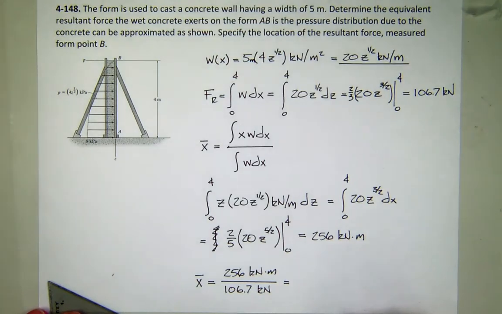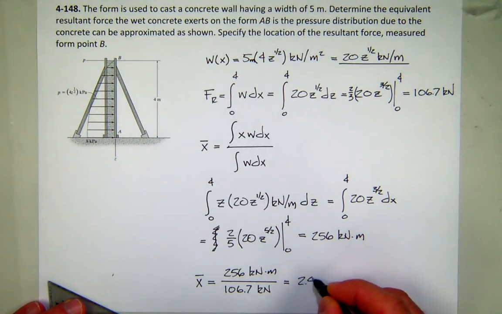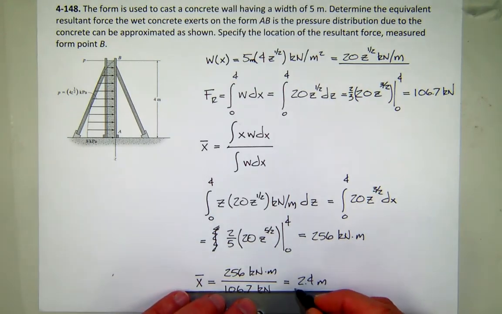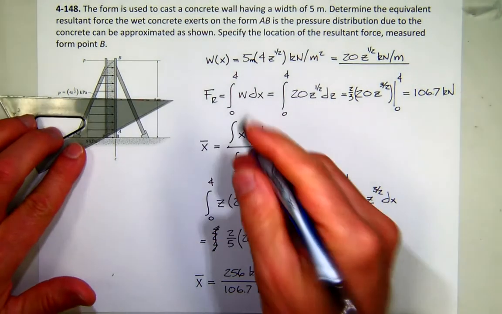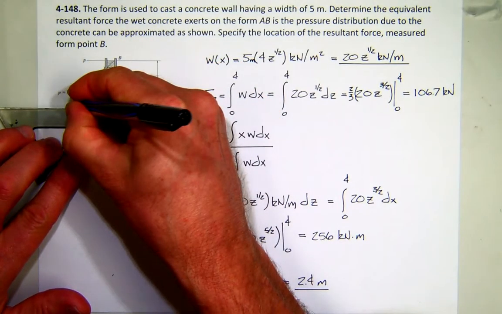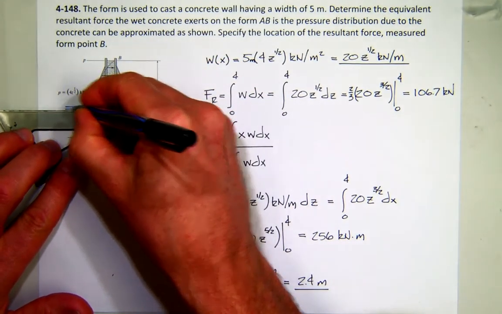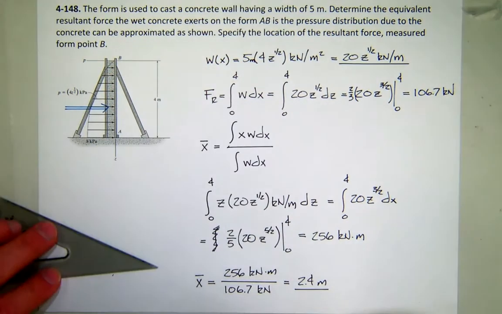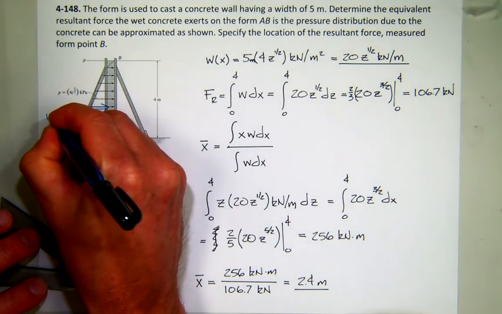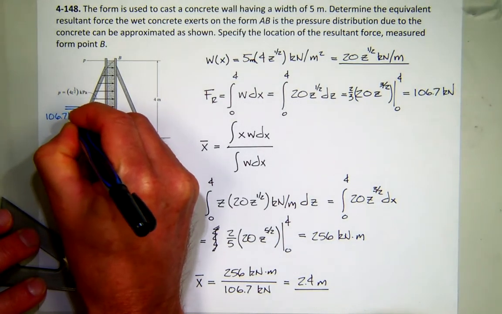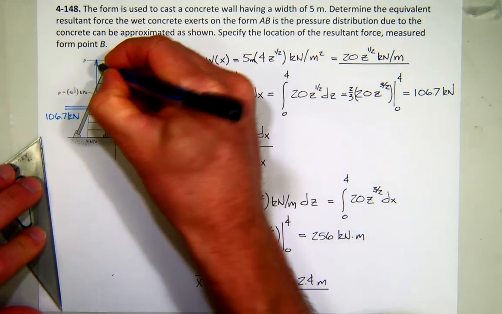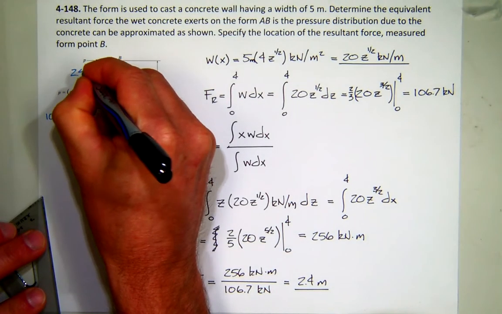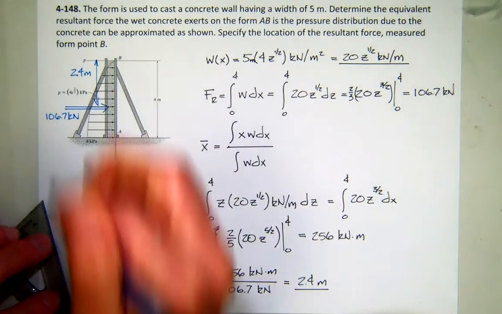What is that? 2.4. So what we have now is a little over halfway, about right here. We have an equivalent force of 106.7 kilonewtons acting down a distance of 2.4 meters.